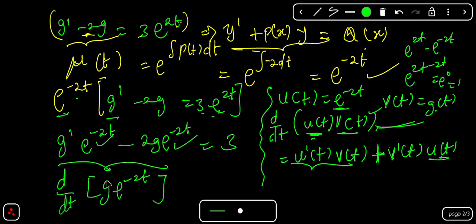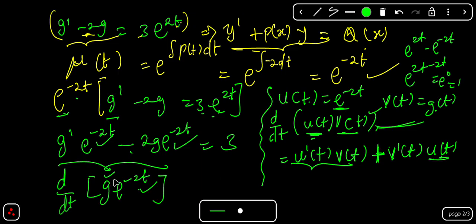So this is u and this is your v. If you differentiate this, you are going to get this back using the product rule. You can see that this is very beautiful. Now, since we've written this as a single function, let's move on.